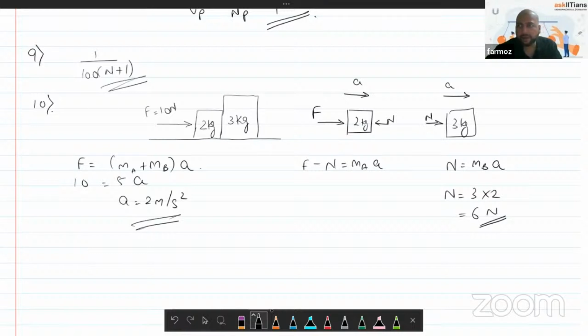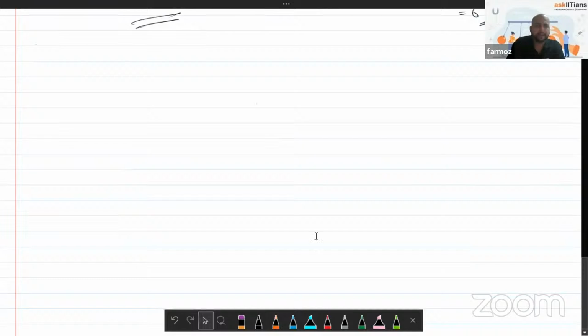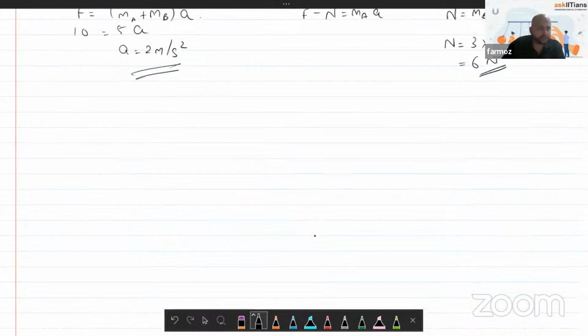Now moving on to the next question, that is question number 11. What exactly they have given in the question is x is equal to 5 sine (pi t plus pi by 2).